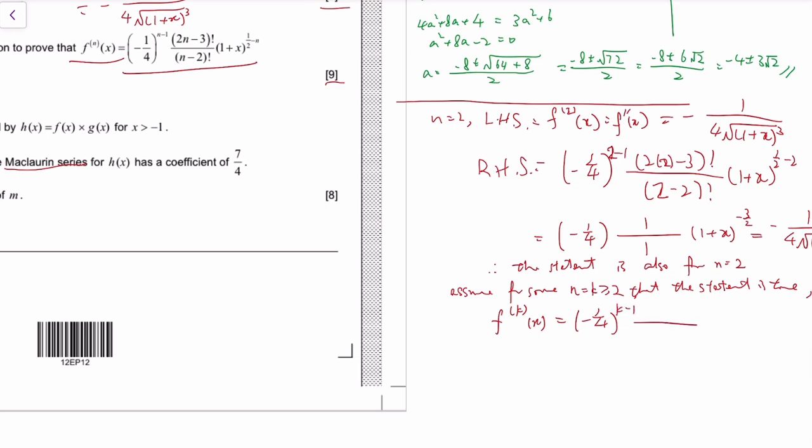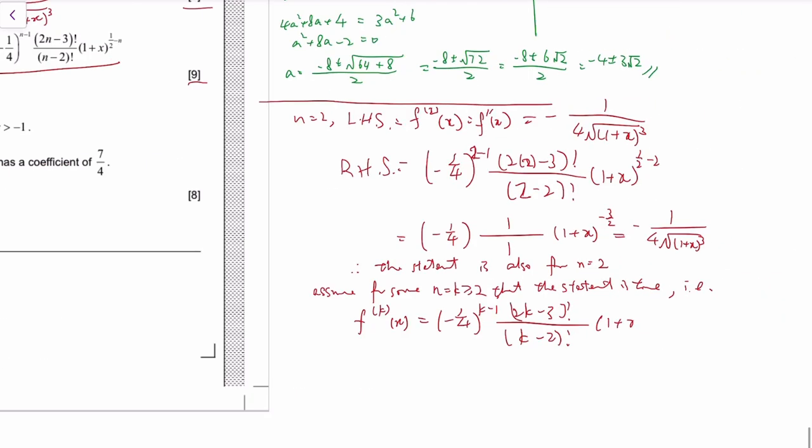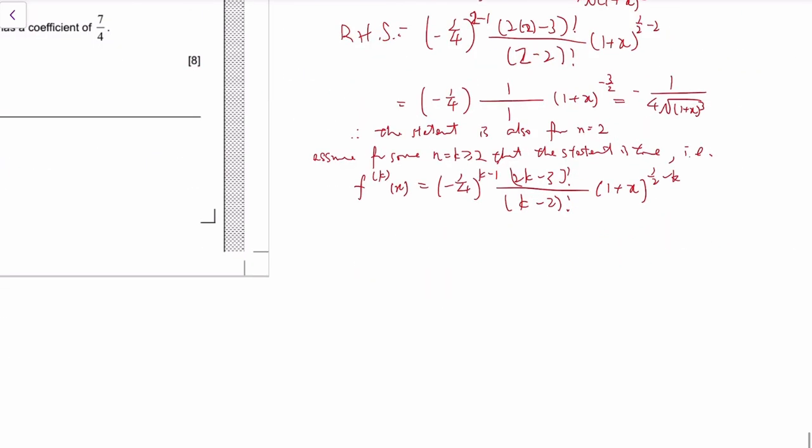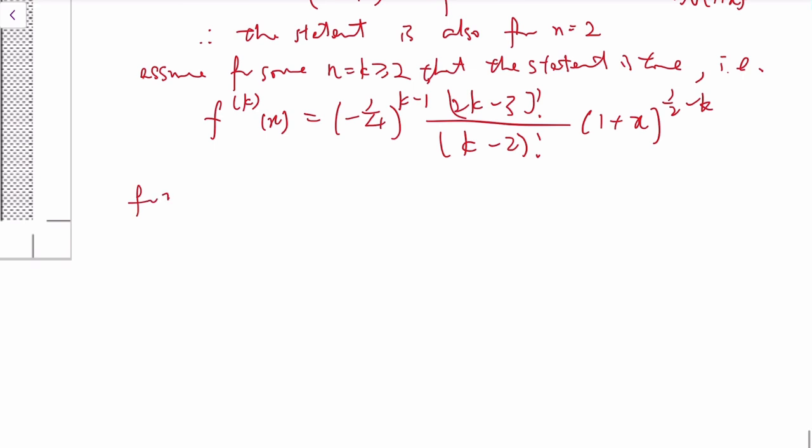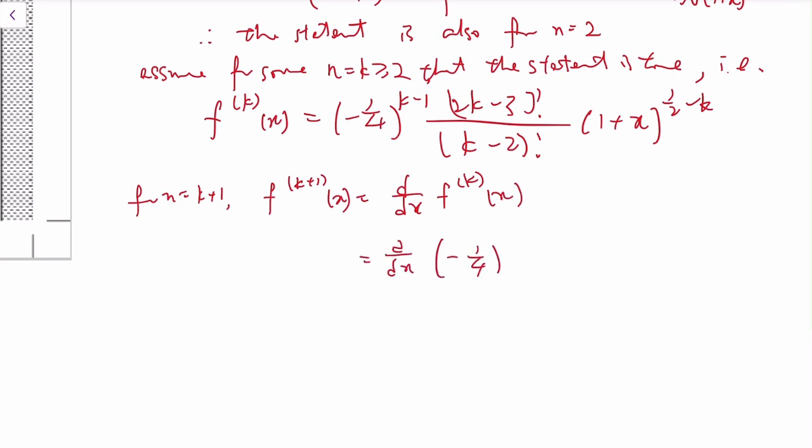K minus 1, 2k minus 3 factorial, k minus 2 factorial, 1 plus x, half minus k. So for n equal to k plus 1, we want to find the k plus 1 derivative, which is of course the derivative of the kth derivative, and by assumption the kth derivative is this.